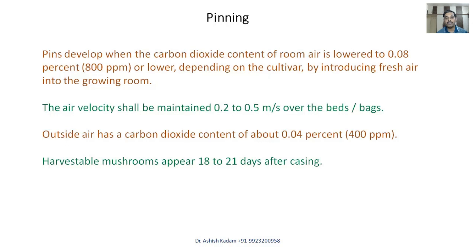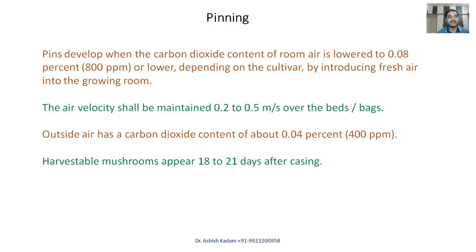We reduce the relative humidity and the CO2 level, so that pinning will start. And we need to maintain a certain air velocity because we have to allow evaporation of water from the compost. The air velocity required is 0.2 to 0.5 meters per second over the beds or the bags.